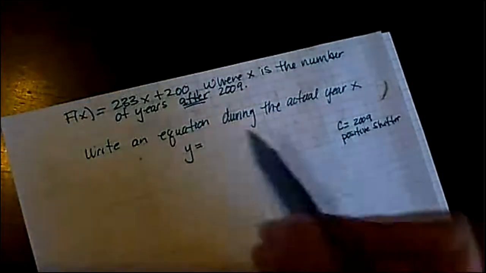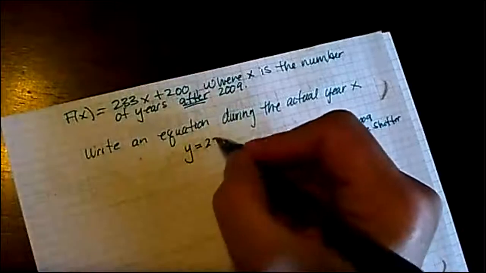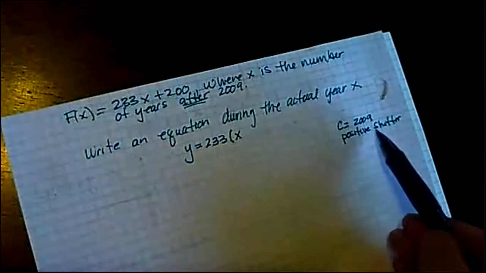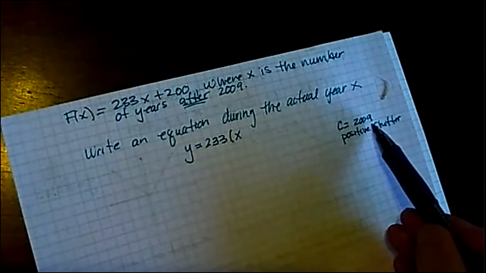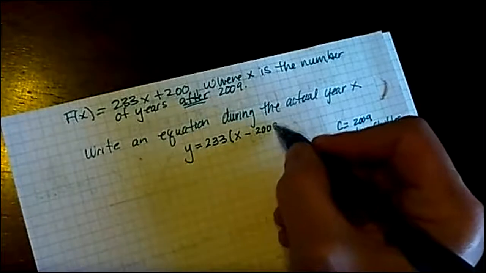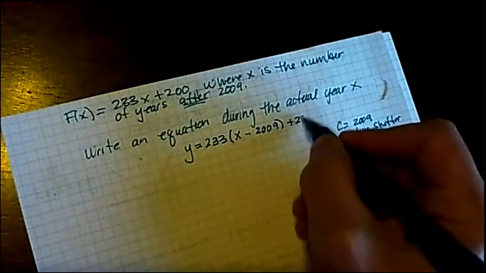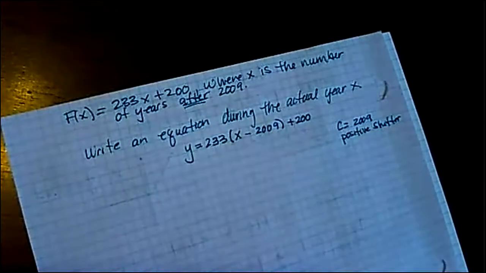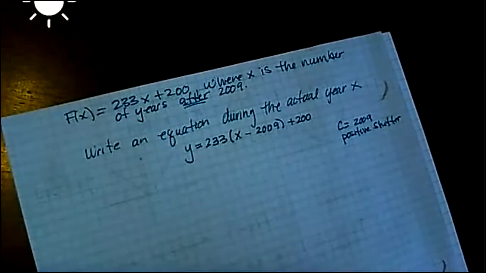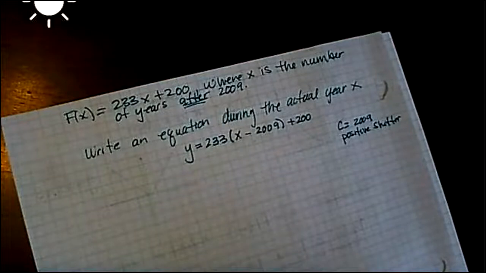So if I want to just put this into the equation, I'm going to have 233. Now, what's my shift going to look like? If it's a positive horizontal shift, we're going to put minus 2009 plus 200. And that's it. That's the equation for that.